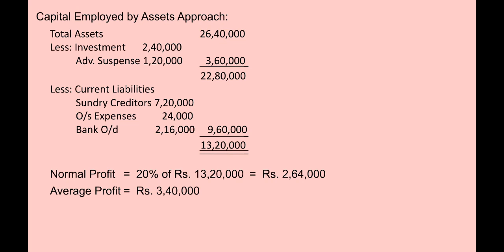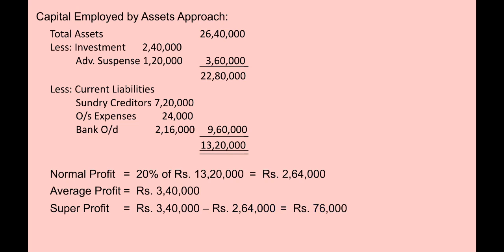So we are earning super profit. As we can see, we are earning more than normal profit. So super profit is 3,40,000 minus 2,64,000, that is rupees 76,000. So goodwill is 76,000 into number of years purchase, that is 4, which equals 3,04,000.